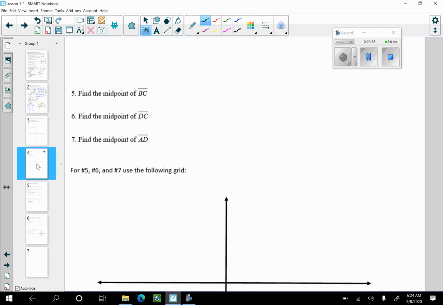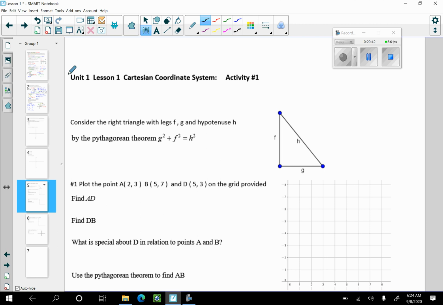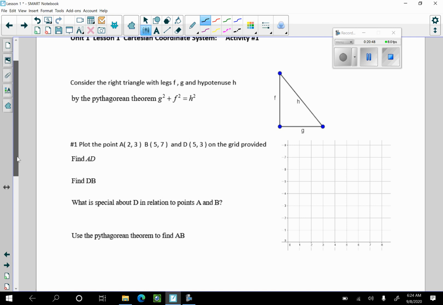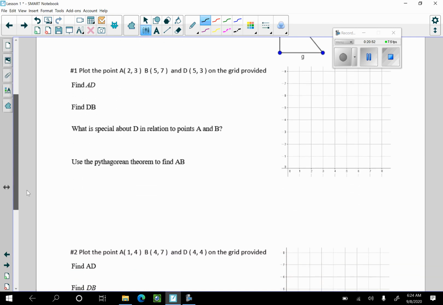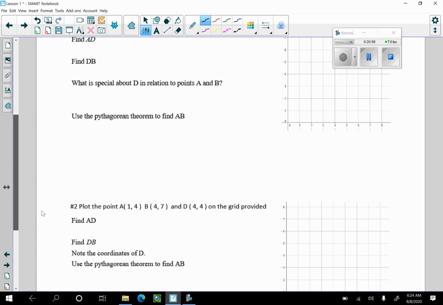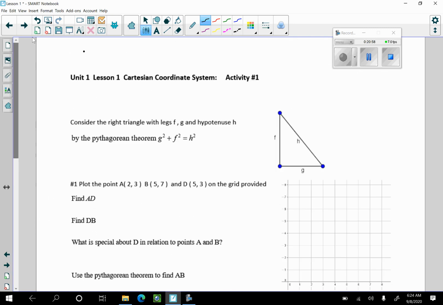That's not the activity. Here's the activity right here. So make sure that you actually show the points and show the horizontal and vertical distances. Use the Pythagorean theorem to find the distance AB, and then I think there's a couple of exercises.